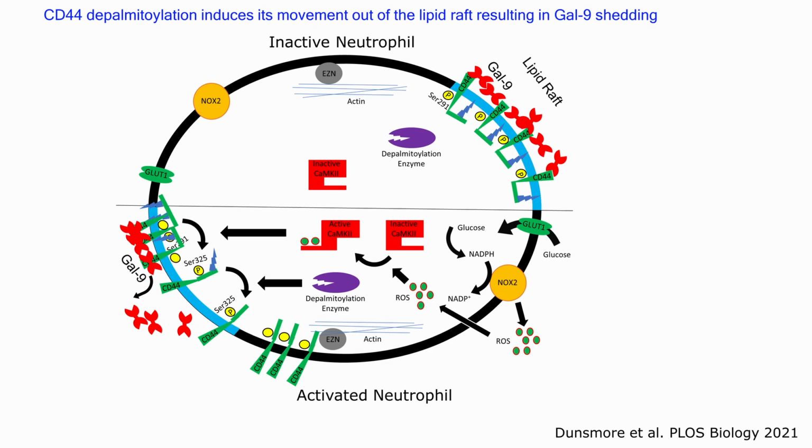This is very complex, but we found a very interesting mechanism. I won't go through it because I don't have time, but it is in the paper. We found that GAL is in the lipid raft and interacts with CD44, and through activation, and ROS is very important in this scenario, it results in rearrangement and movement of CD44, and finally galectin-9 shedding.